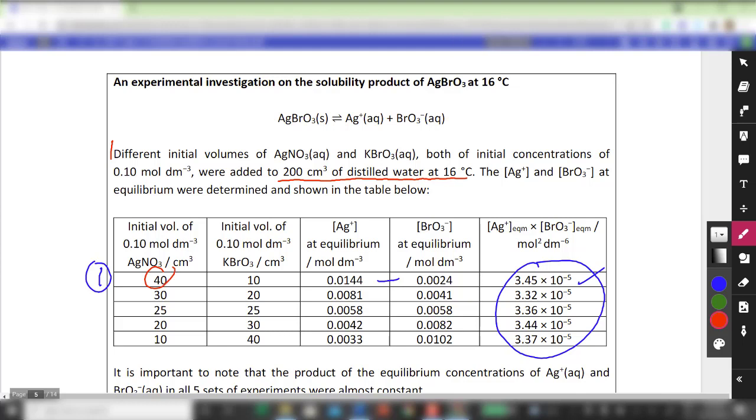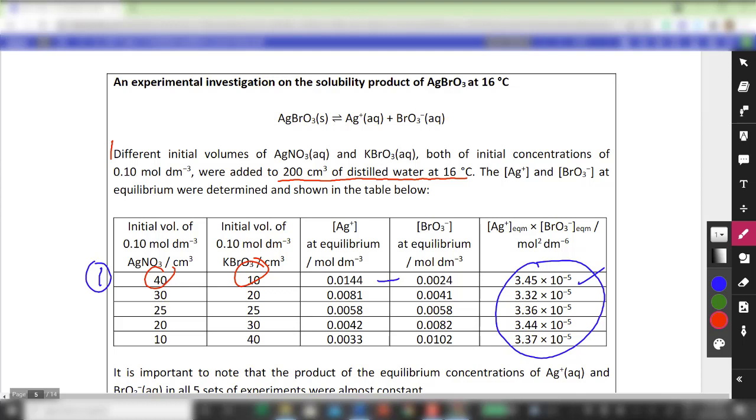And then after that, they are present in a total volume of 250, and then you scale it to 250, and then you are able to find out the initial concentration of silver plus. And then from the bromide over here, you can also find out the initial concentration of bromide. Yeah, so at that point in time, that particular initial concentration before precipitation occurs, we call that the ionic product if you multiply them together.